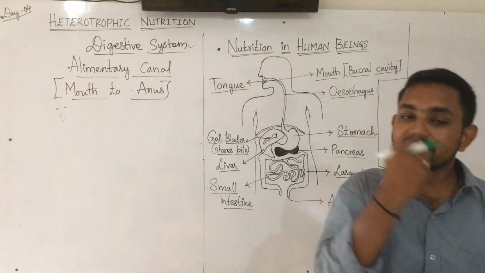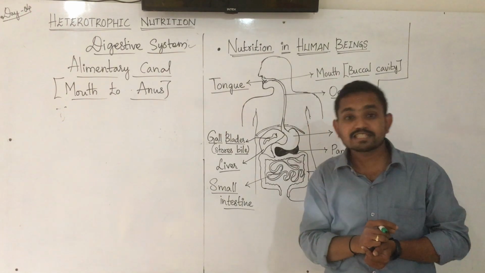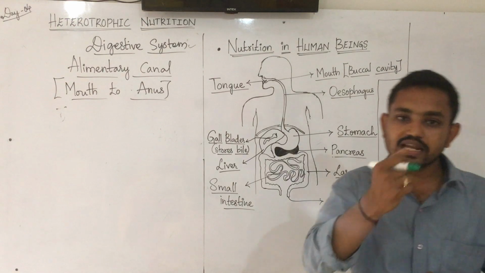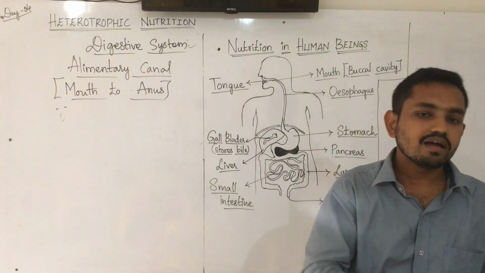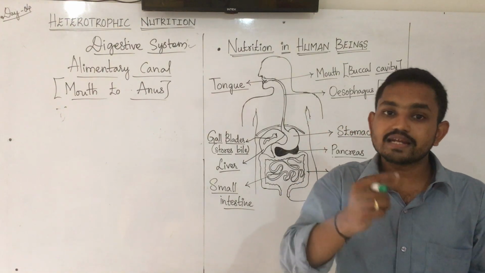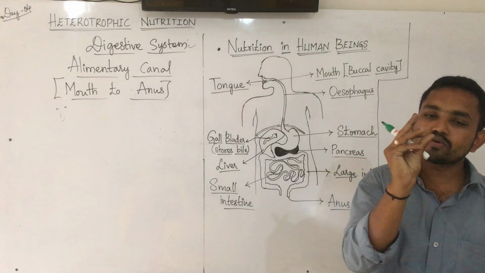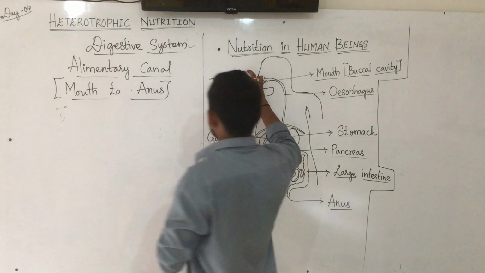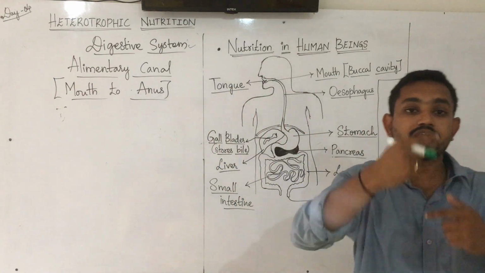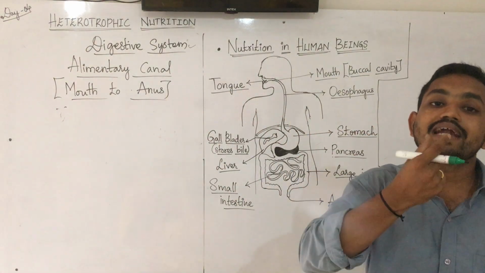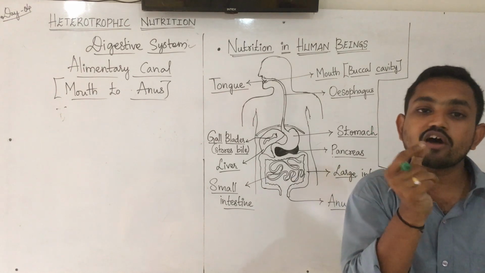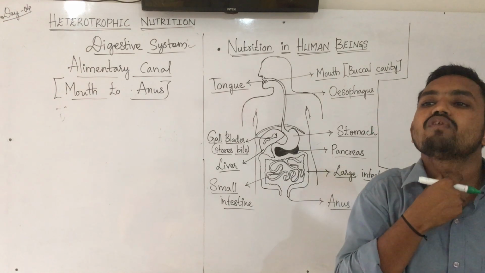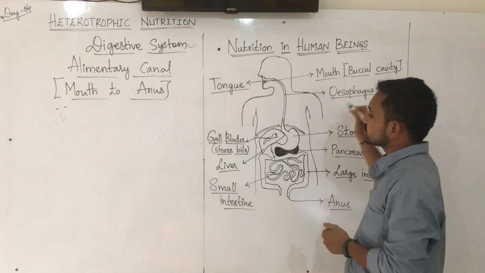Next, the tongue is particularly for taste, and the salivary gland releases saliva, which helps to roll, to chew, and to make the food softer. With the help of the tongue, the food is rolled, slowly becomes soft, and moves towards the esophagus. So the esophagus is the next structure.